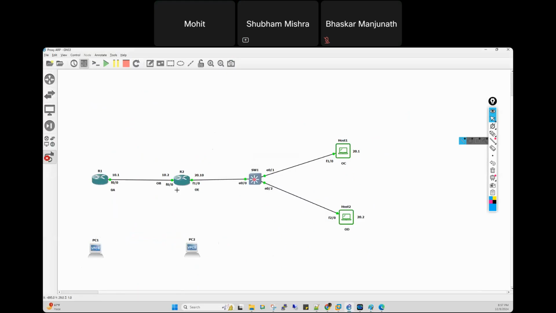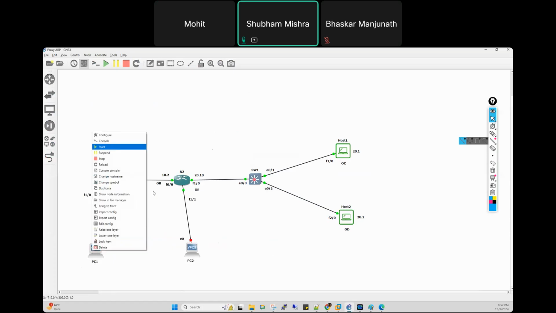I connect this PC here. Is my screen visible now? Everyone? Yes, sir.